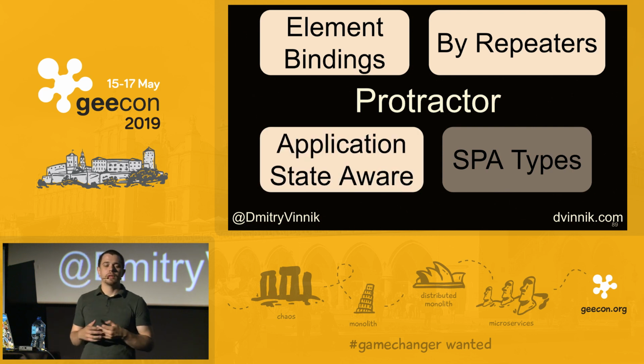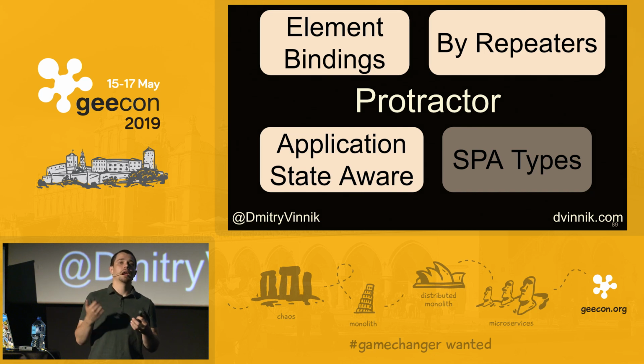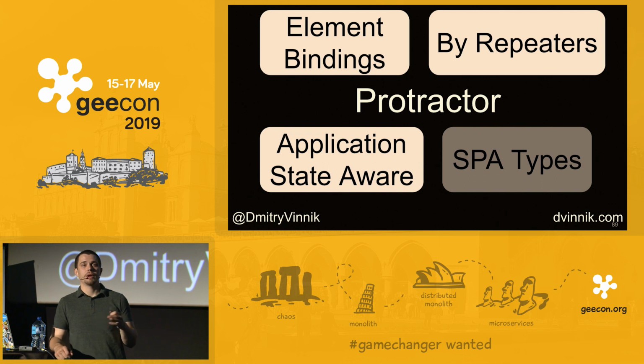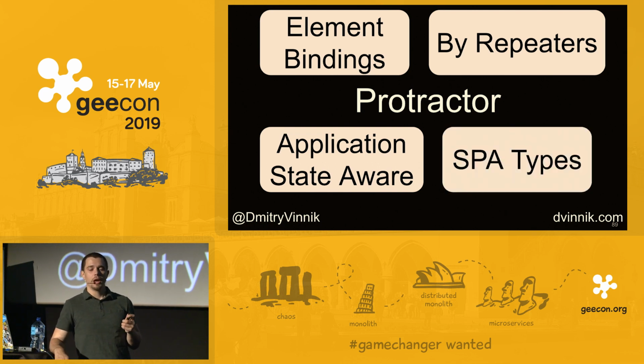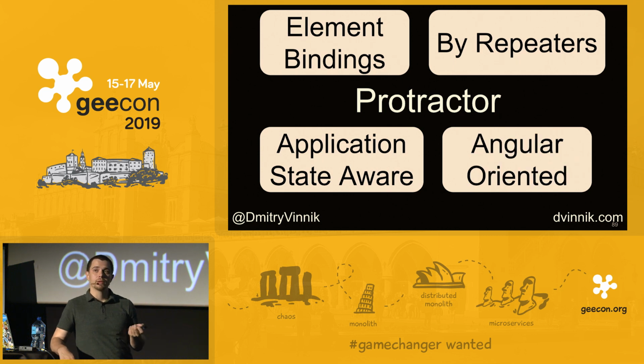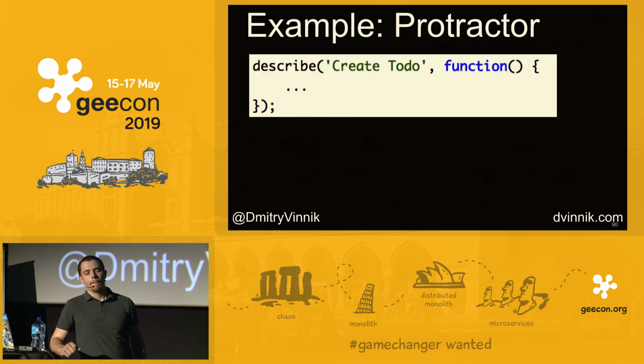Test flow, it's again application-state aware. In other words, in Protractor you know that the Angular app finished loading, and it's all done by the team behind Angular and behind Protractor. And spot-wise, it's really Angular oriented because it knows about Angular.